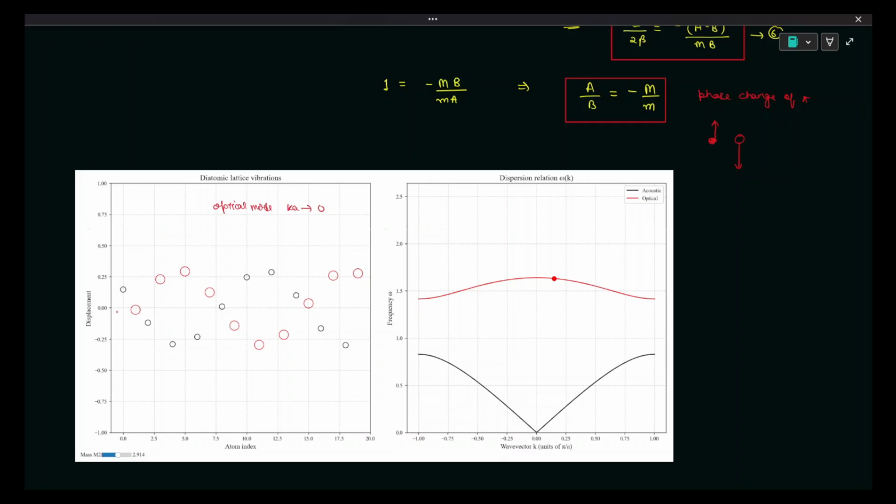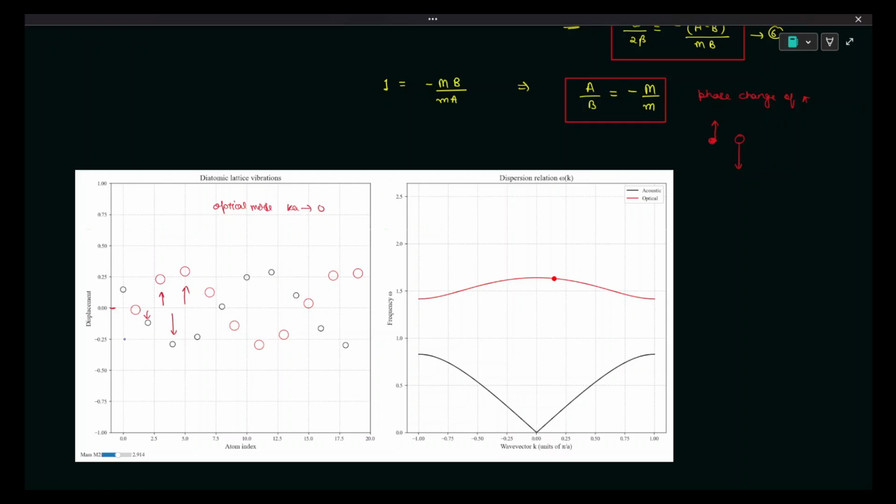Here you can see this is the 0th line, where the amplitude is 0. Beyond this, if the smaller mass m is going downwards, its neighboring atom is going upwards, and then its next neighbor is again going in the opposite direction. So neighboring atoms have a phase change of pi, and the amplitudes are inversely proportional to the ratio of masses, so that the center of mass of the unit cell remains unchanged.